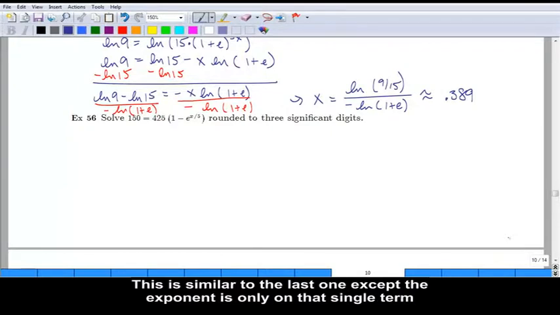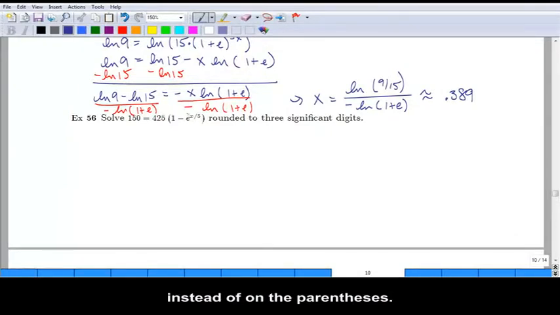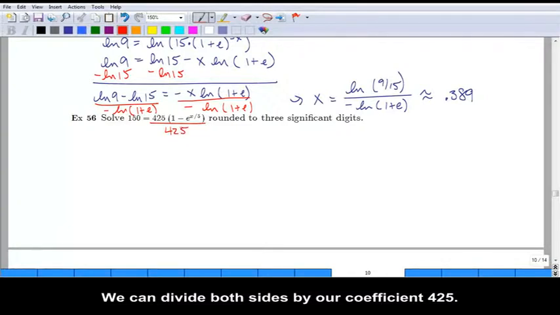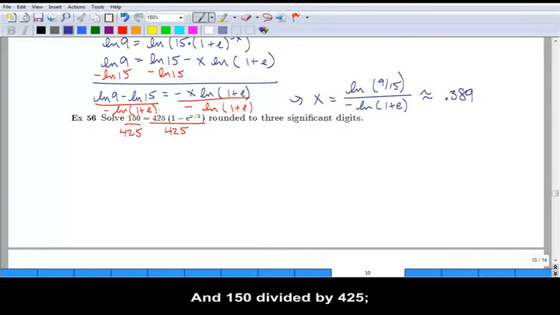Another example, this is similar to the last one, except the exponent is only on that single term instead of on the parentheses. So in this case, we can do a little bit of algebra before. We can divide both sides by our coefficient 425. And 150 divided by 425, if you reduce that fraction, is 6/17.